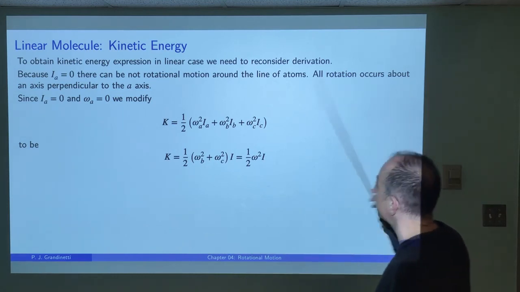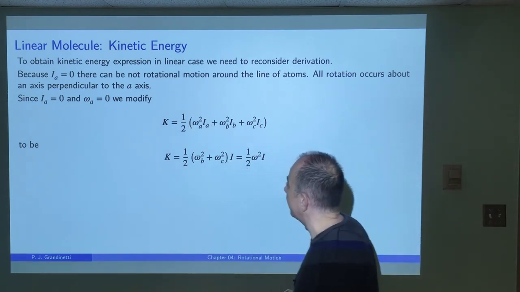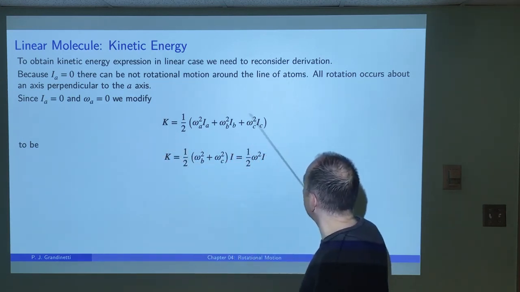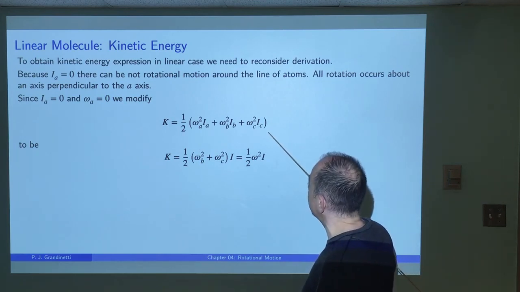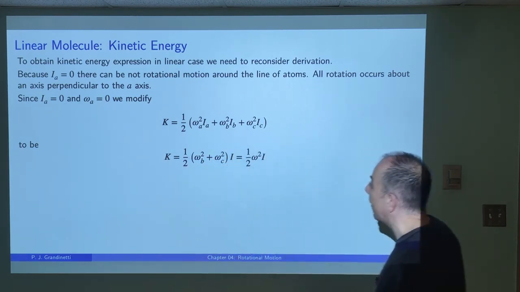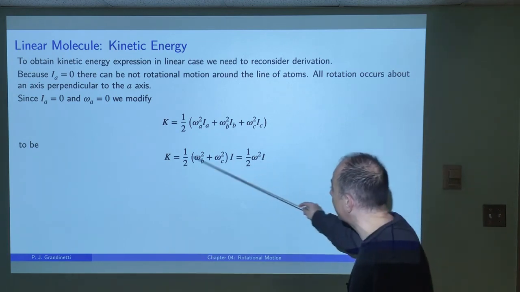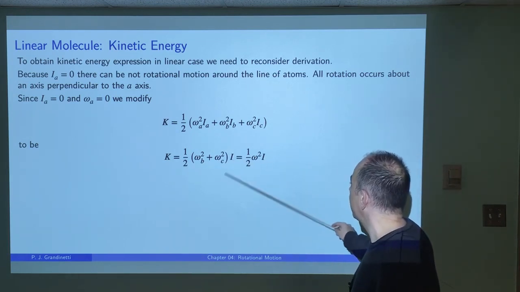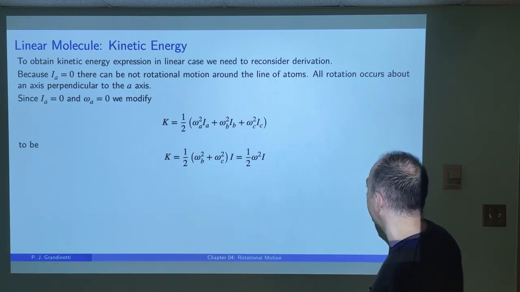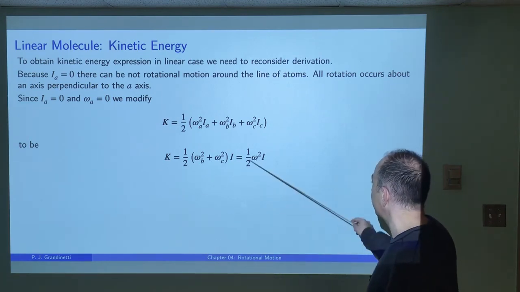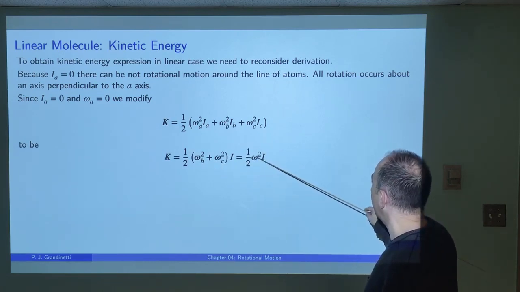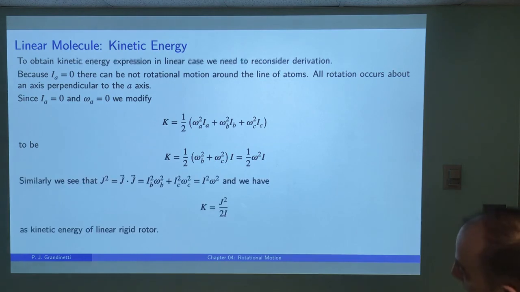So all the rotation has to occur perpendicular to A. For this case, we started out generically writing down the kinetic energy like this, but we know that IA, and as a result omega A, is going to be 0, so we write the kinetic energy in this form. And of course, omega B squared plus omega C squared is the length of the angular velocity vector. So this becomes K is equal to 1/2 omega squared I in this case.